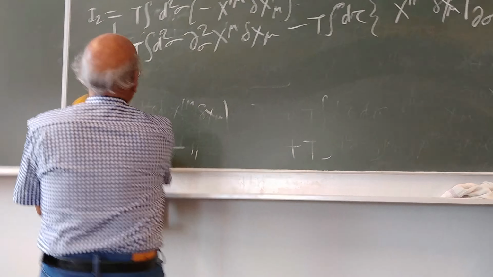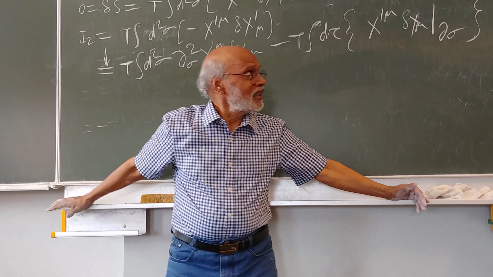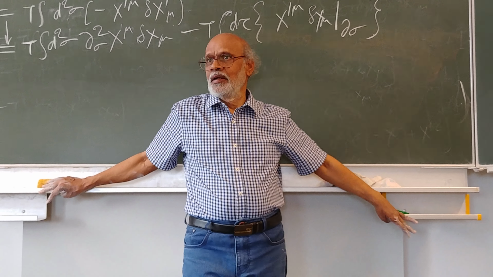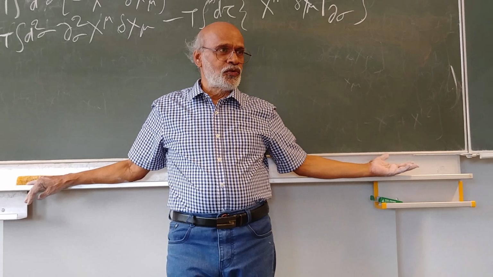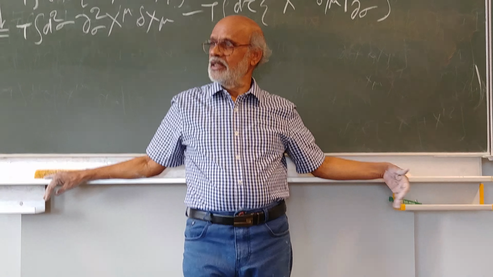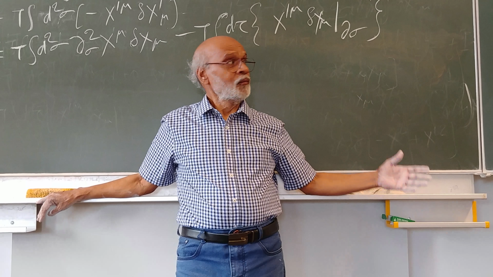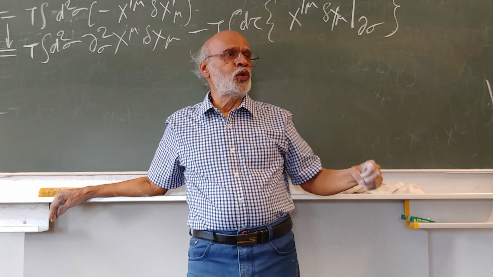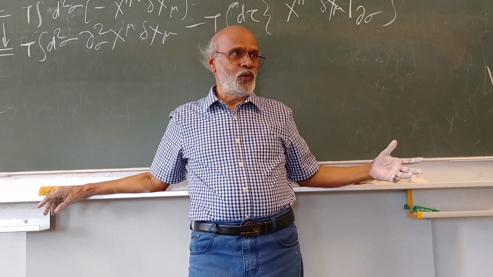Now here you start getting the feel for the first time about string theory. The time boundary term for I1 was always 0, from tau equal to minus infinity to tau equal to plus infinity. Here the boundary terms would again go to 0, but how?